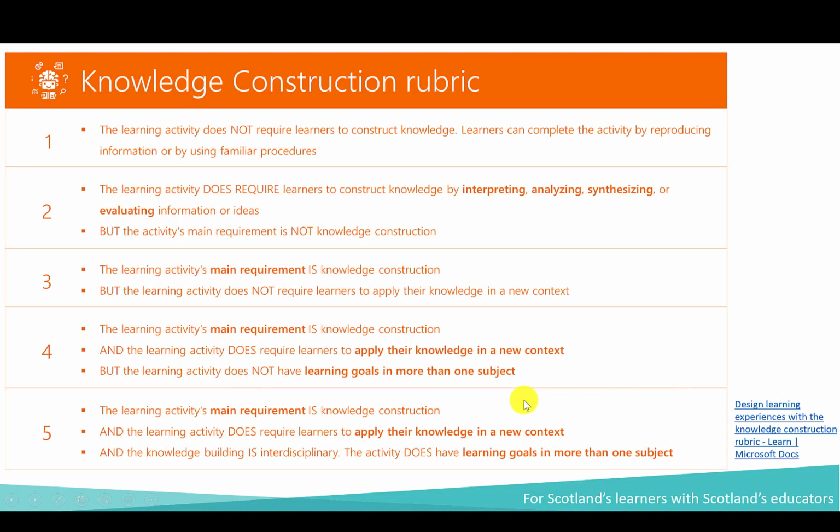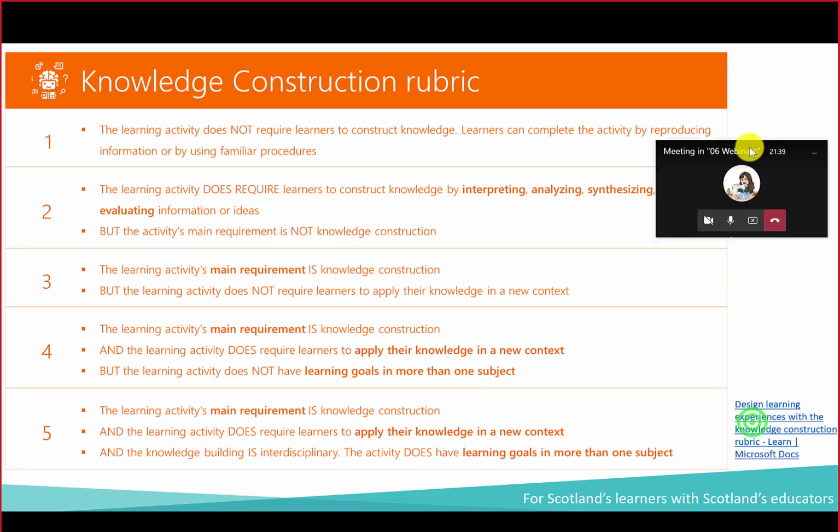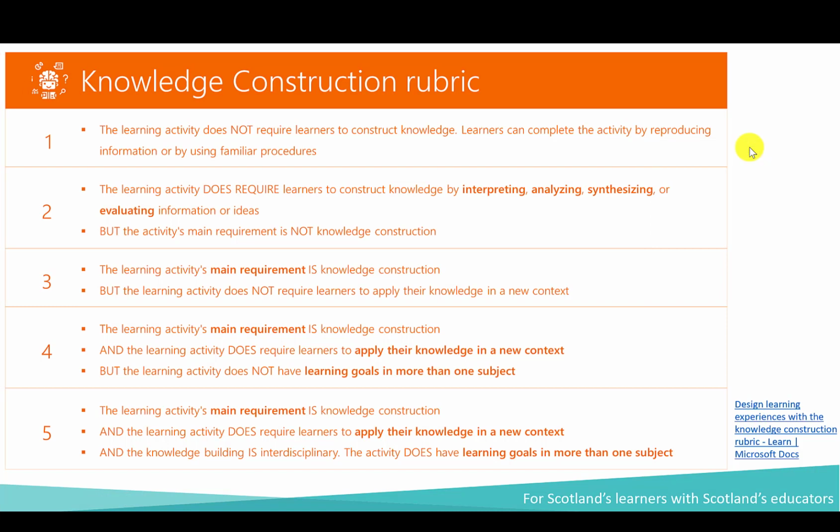But at level 5, sorry, I've got a window that's popped up. We would maybe have it that they are taking their information and creating, for example, a Sway, or they've created their own section, a brand new group OneNote or a Sway.